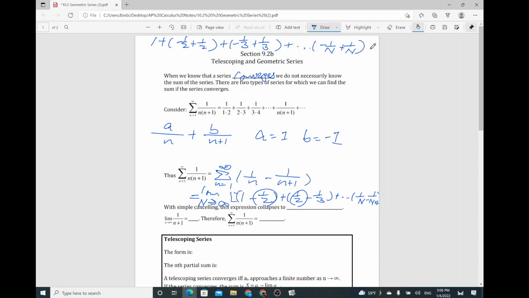The final term would be negative 1 over n plus 1. You rearrange the order of the terms, so basically all of this cancels out.